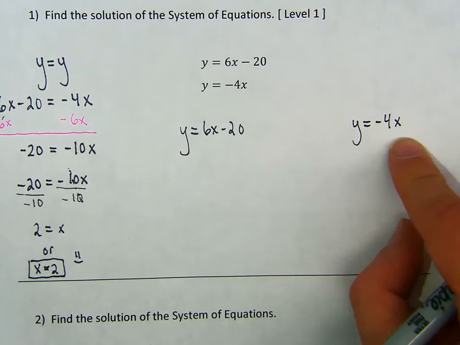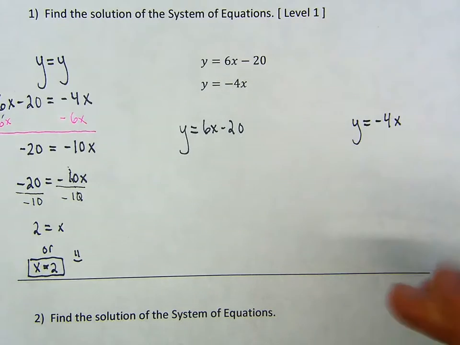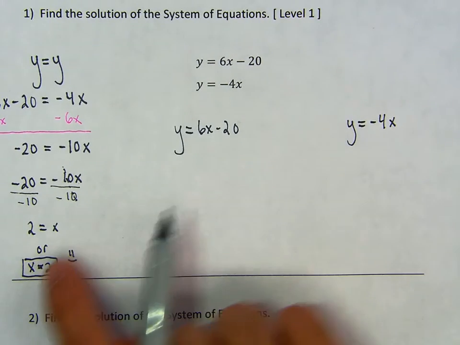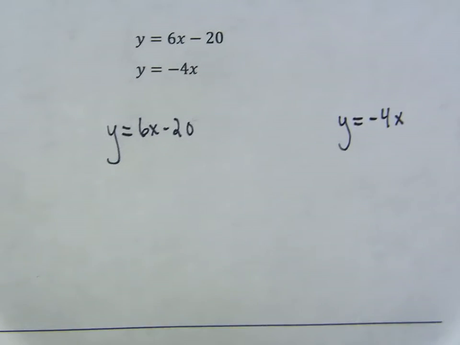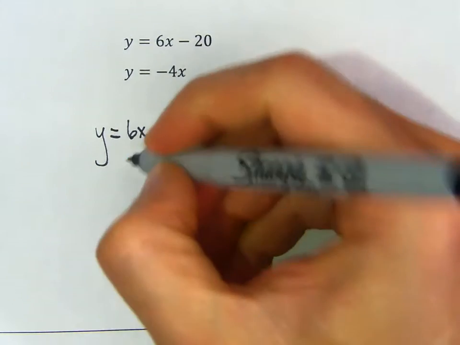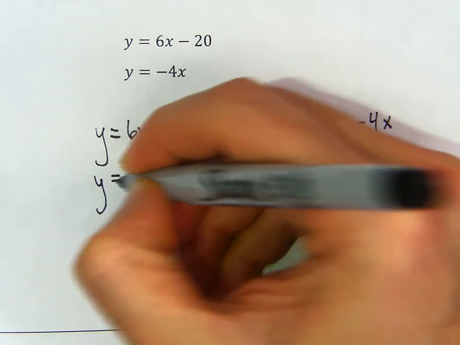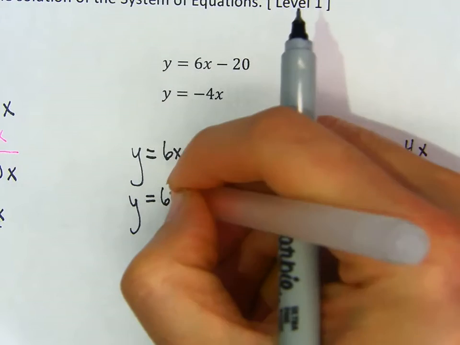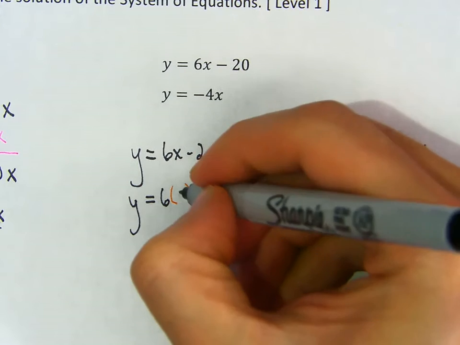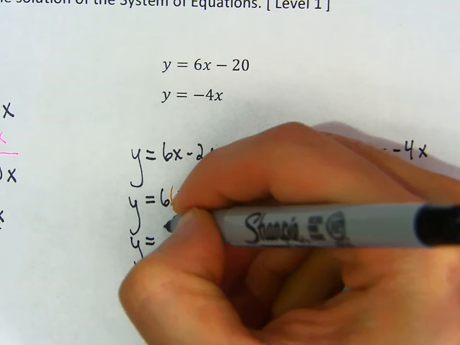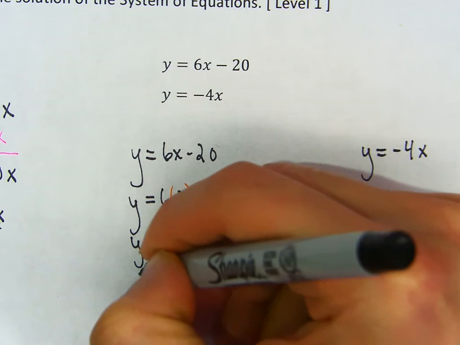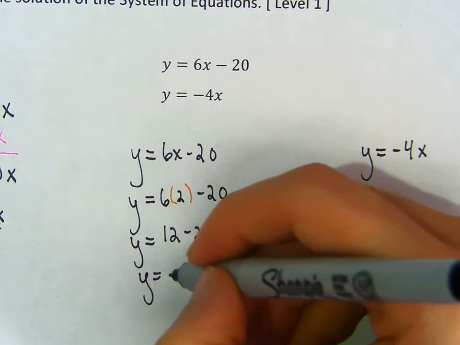Let's see what happens. Here, if y is equal to 6x minus 20, everybody pause the video and plug in 2, and what do you get? If I plug in 2 in here, y is equal to 6 times 2 minus 20. So y is equal to 6 times 2 is 12, minus 20. What's 12 minus 20? This is negative 8.